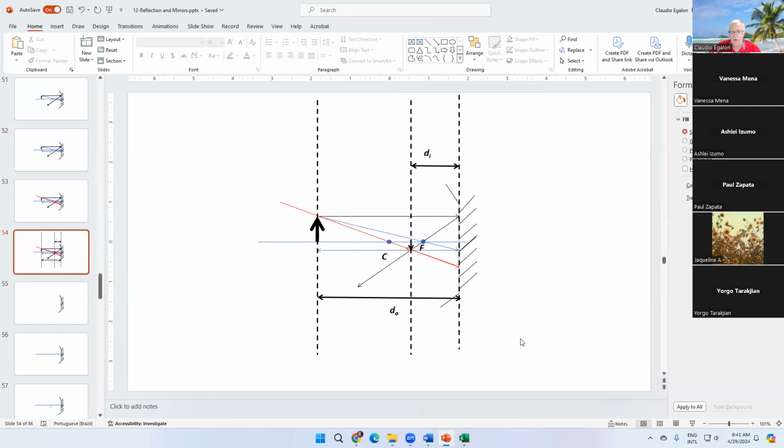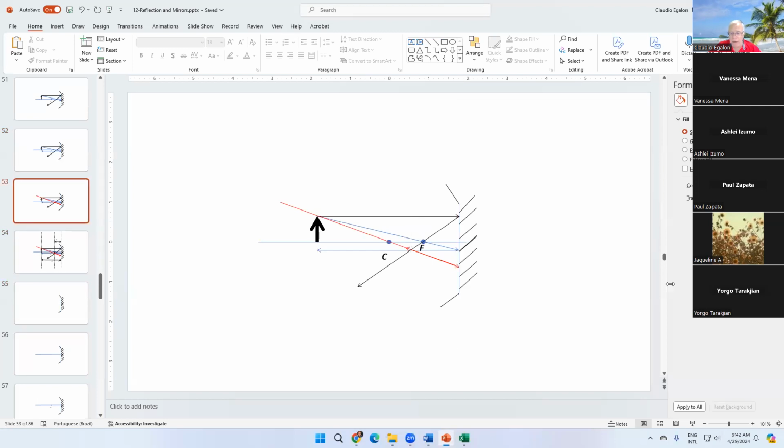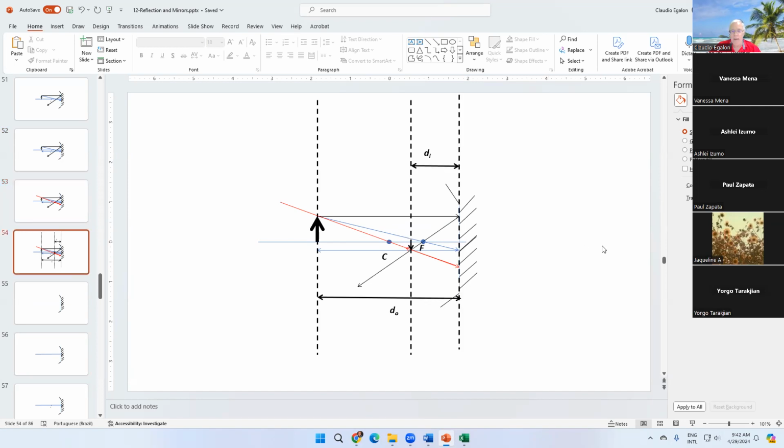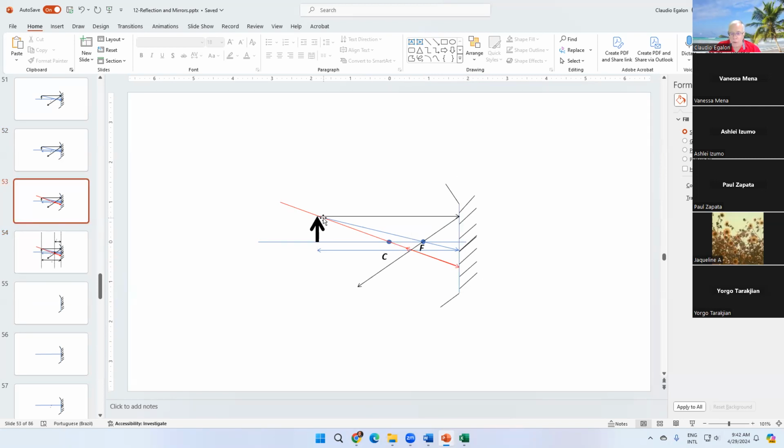Let's see, I didn't put the fourth light ray, right? It can be the fourth light ray that's going to be incident right here at the middle, okay? Here you go. By the way, going back here, notice that all those light rays intersect at a given point. Do you see the point of intersection? I'm going to point that out to you.